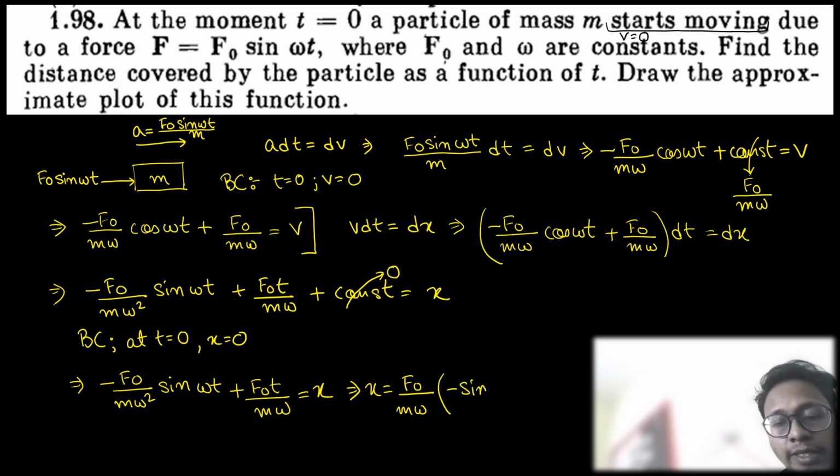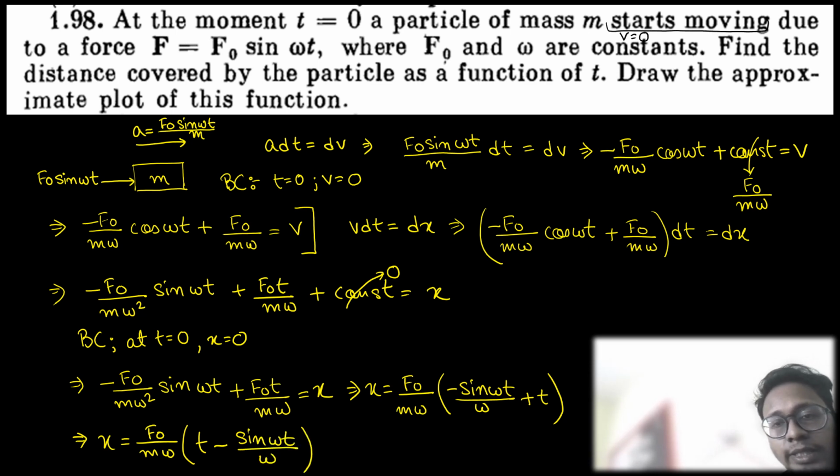Minus sine omega t by omega plus t. Can I bring this t to this side and this sine omega t to the right-hand side? So x equals f naught by m omega, into t minus sine omega t by omega. Okay, this is the value.